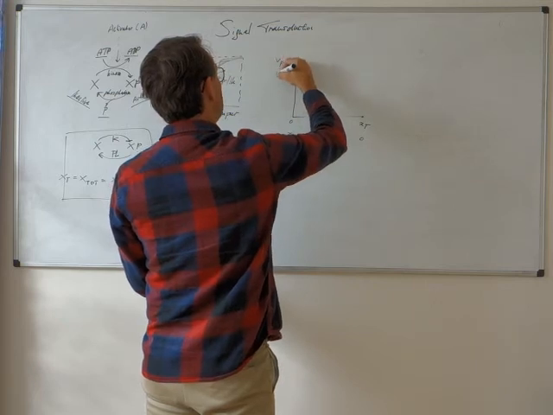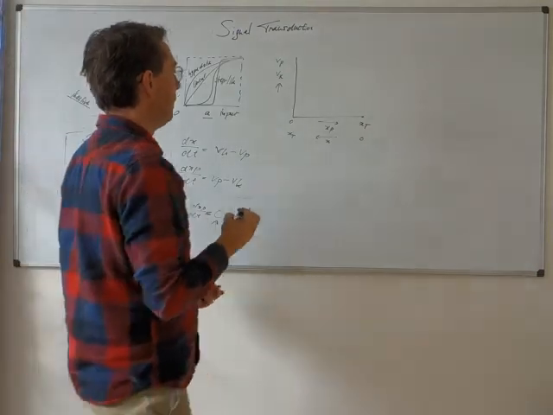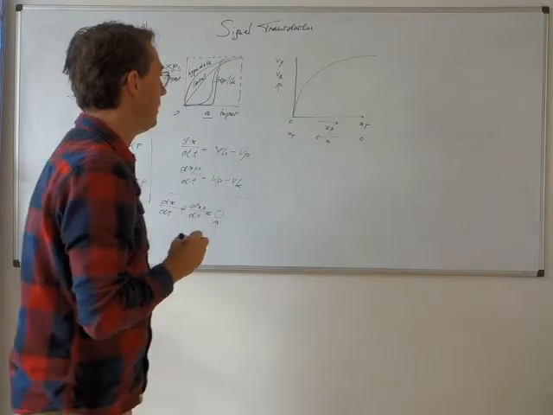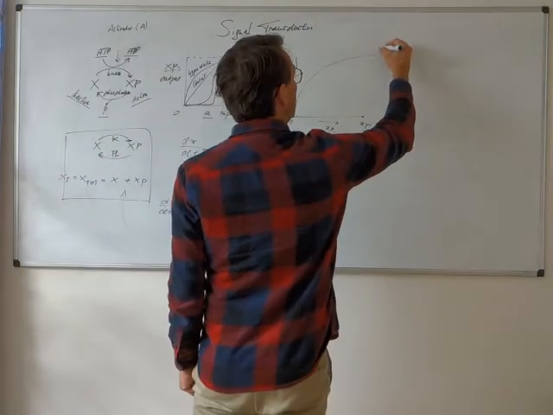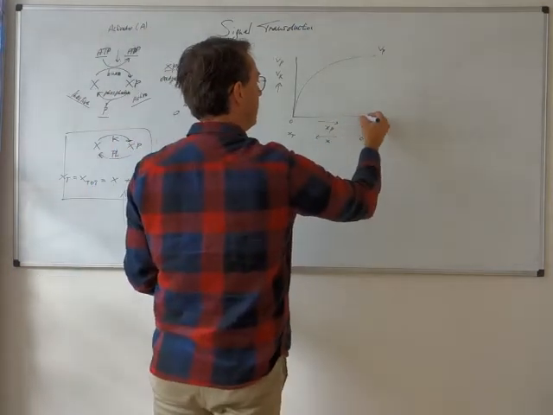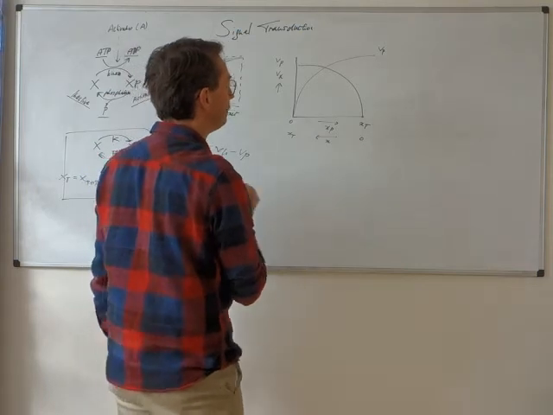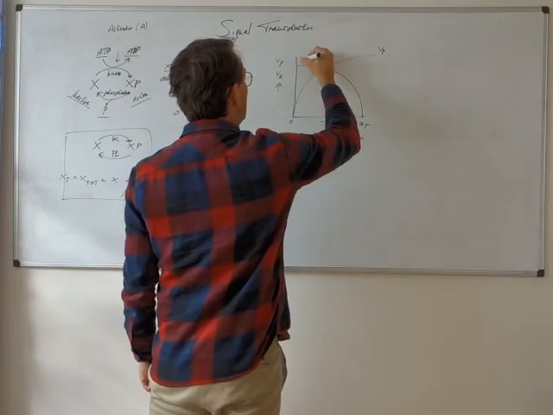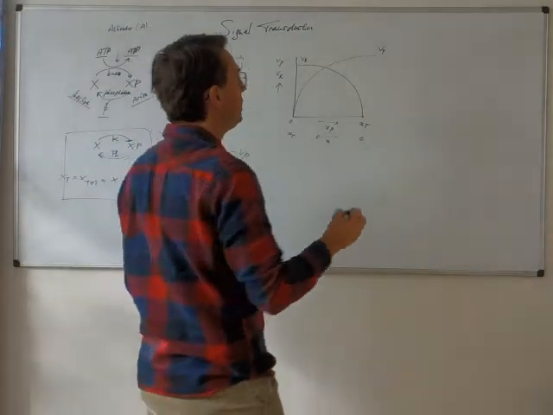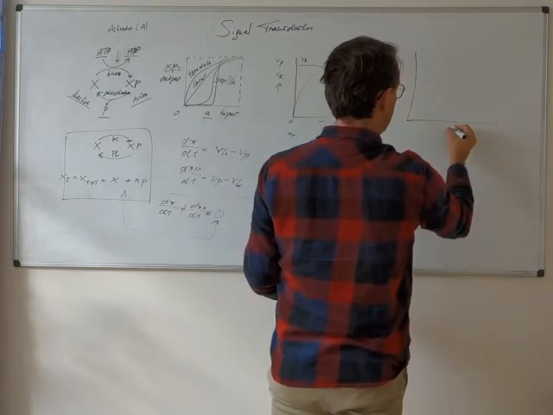V phosphatase, V kinase moves in that direction. The phosphatase has XP as the substrate, so its rate dependency looks like this, whereas the kinase has X as the substrate, so its hyperbolic curve is going to move like this. Now we're going to compare this situation to another case.